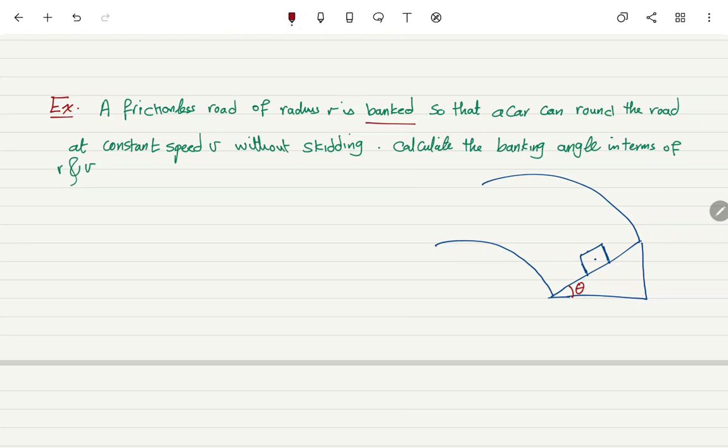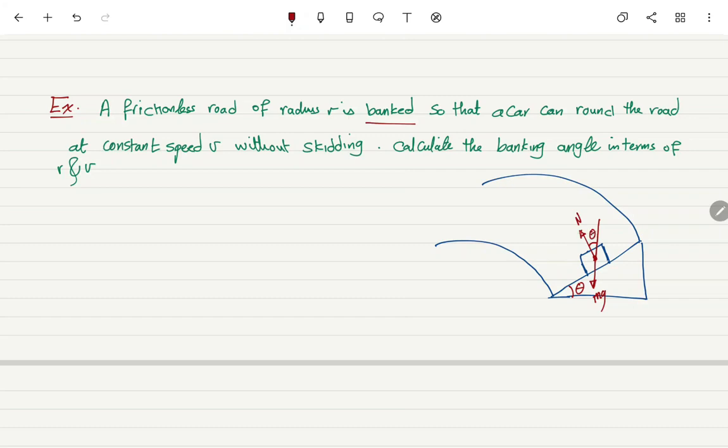Now to solve this example, let's do the free body diagram. The weight is directed this way, the mg, and the normal is directed here. In the previous lectures, we rotated the xy coordinates and made them match with the normal, and we analyzed the mg. The situation here is different. We will analyze the normal force, and with a little bit of geometry, this will be theta as well.